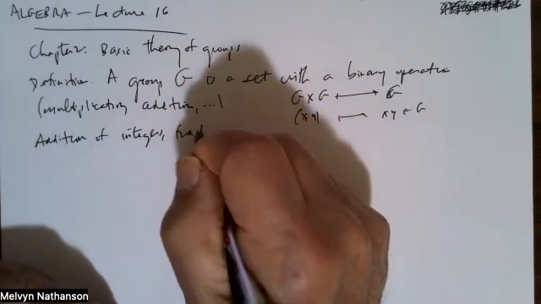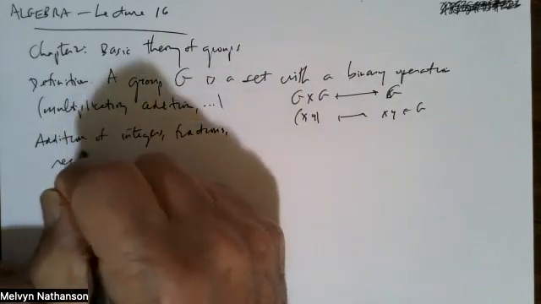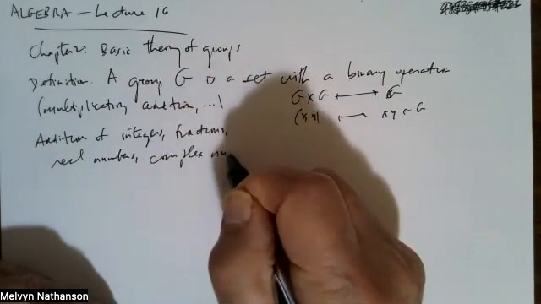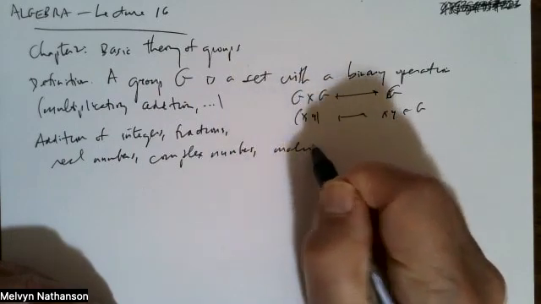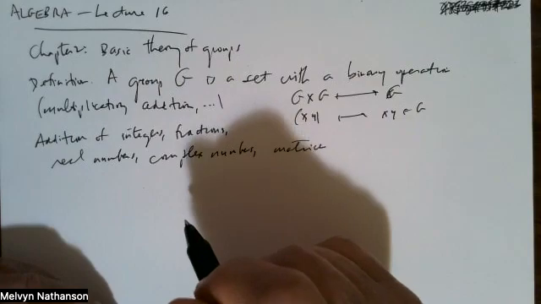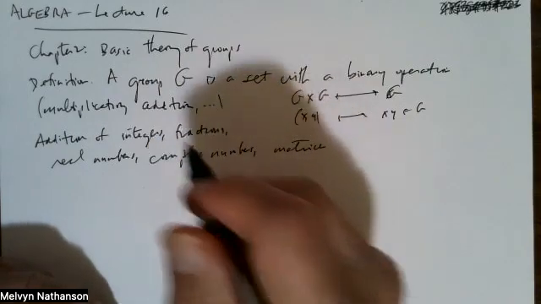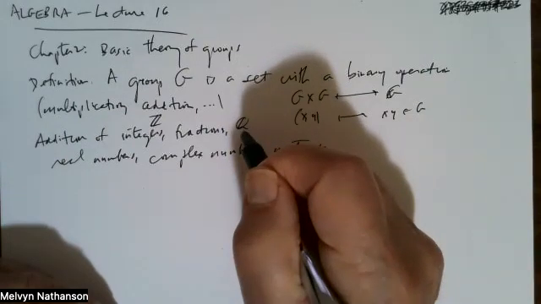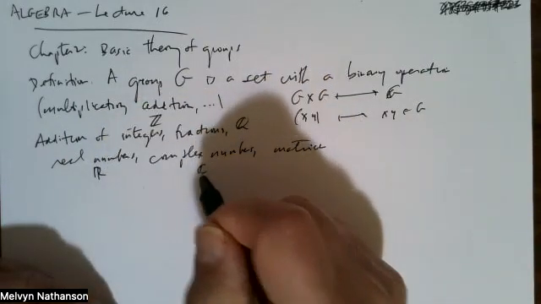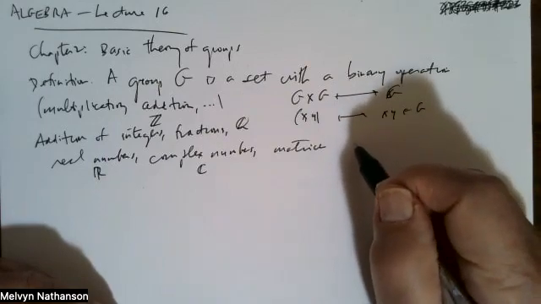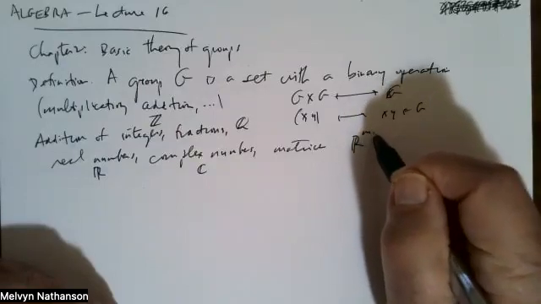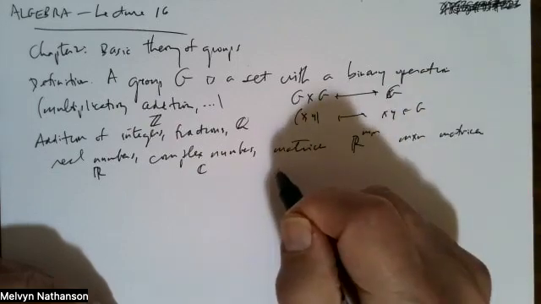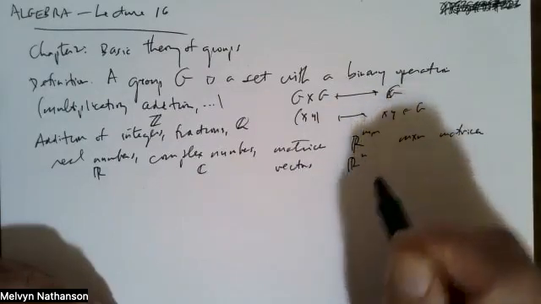And the simplest examples you learn about in elementary school, for example, addition of integers. Or addition of fractions, rational numbers. Or real numbers. Or complex numbers. Or matrices. So for each of these sets, we usually write the integers as Z, the rational numbers as Q, the real numbers as R, the complex numbers C. Matrices, sometimes we write Mn to be m by n matrices, or of course vectors, elements of Rn.